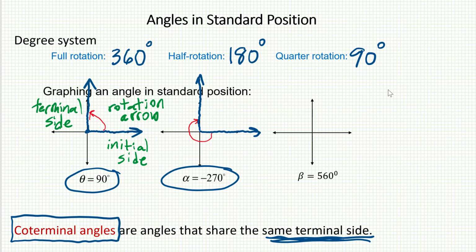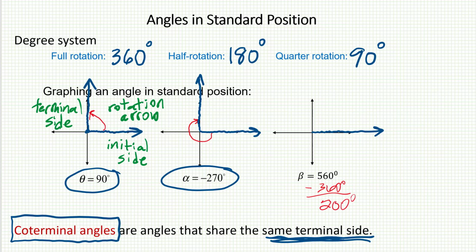Let's do one final example. Beta equals 560 degrees. I'll mark my initial side. Now let's see, 560 is more than one complete rotation. It might even help me to know how much more it is. So let me subtract 360. And of course what's left is 200 degrees.